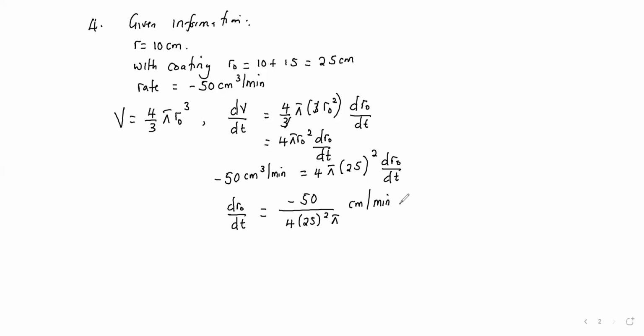That was question 4. So we go to question 5. Question 5: sand is pouring out of a tube at 1 cubic meter per second. It forms a pile which has the shape of a cone.